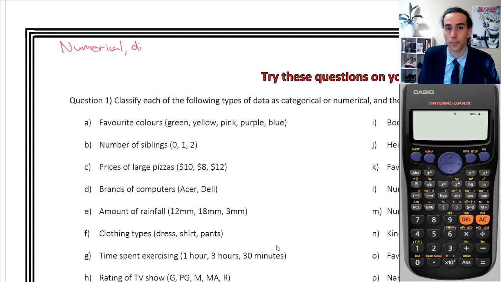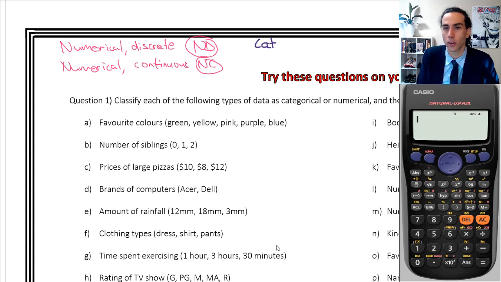Discrete. That's ND. Numerical continuous is going to be NC. Keep it simple. And then we'll change color.